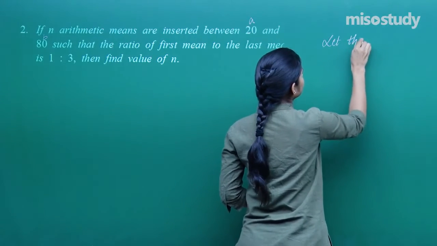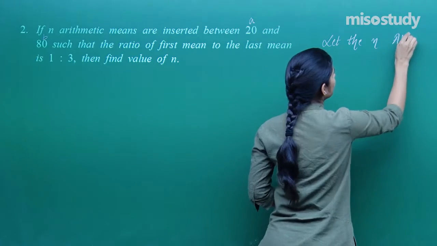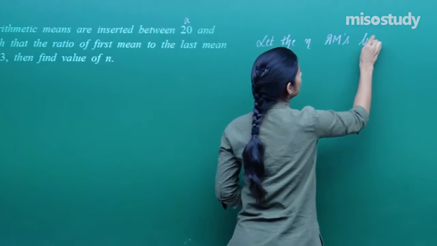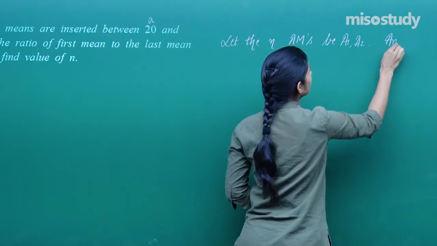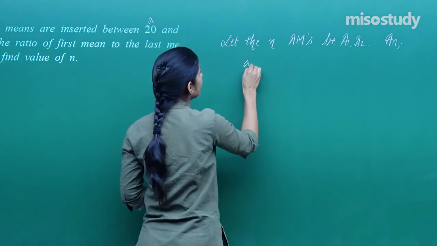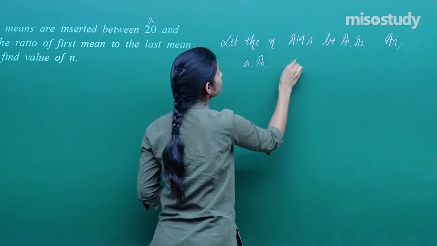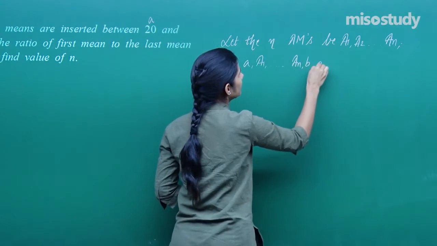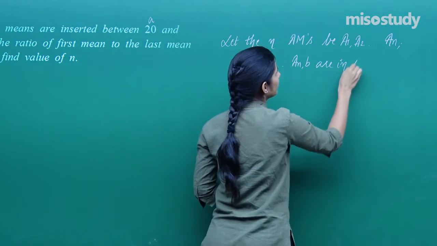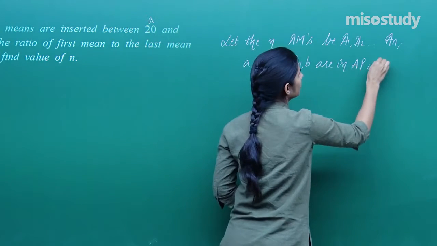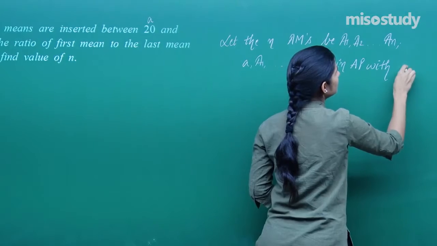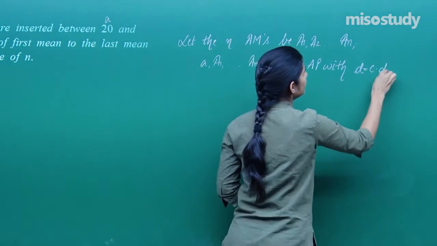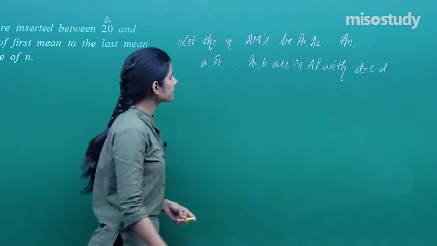I am saying let the n arithmetic means be A1, A2 and so on An such that A, A1, and so on An, B, they are in AP with common difference equal to D, with D as the common difference.